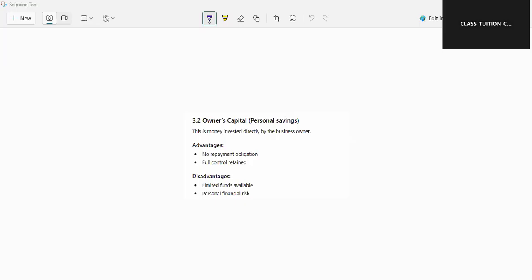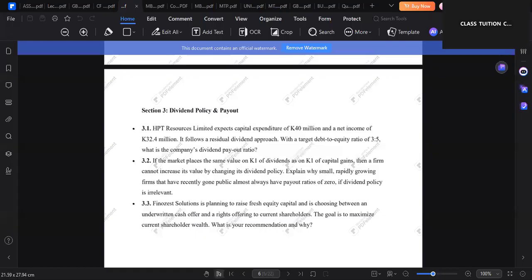What are some of the external sources of finance that we may have in an institution? External sources of finance may include bank loans, yes, and overdrafts.